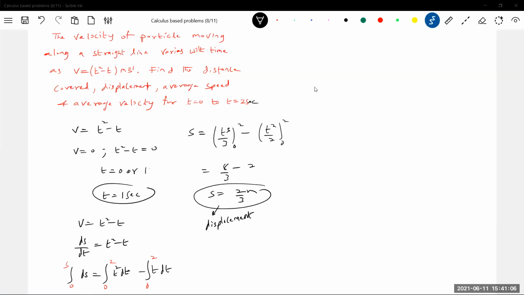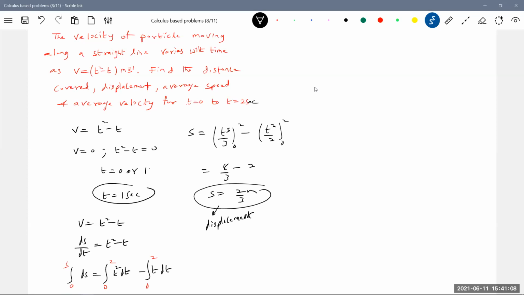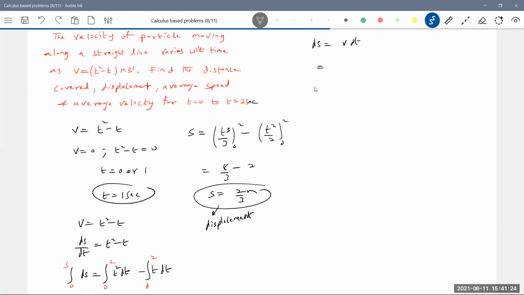Then distance covered. For the distance covered, we are going to do ds equal to v dt. How to break it up? Lower limit you have taken 0, or lower limit 1 we can take? I am asking for 0 to 2 seconds. Then what shall I do?